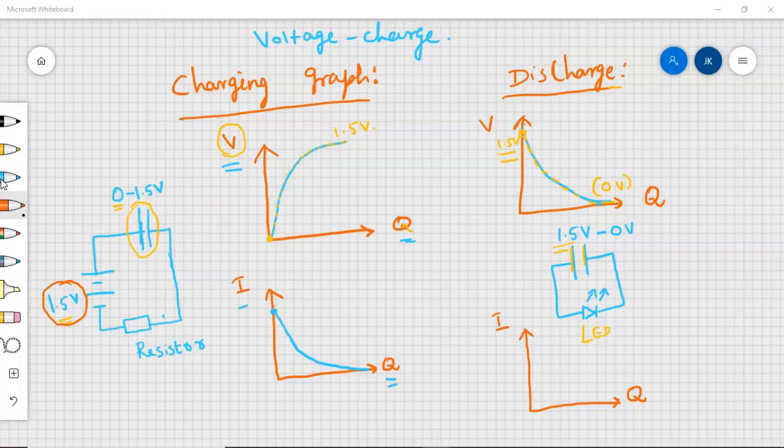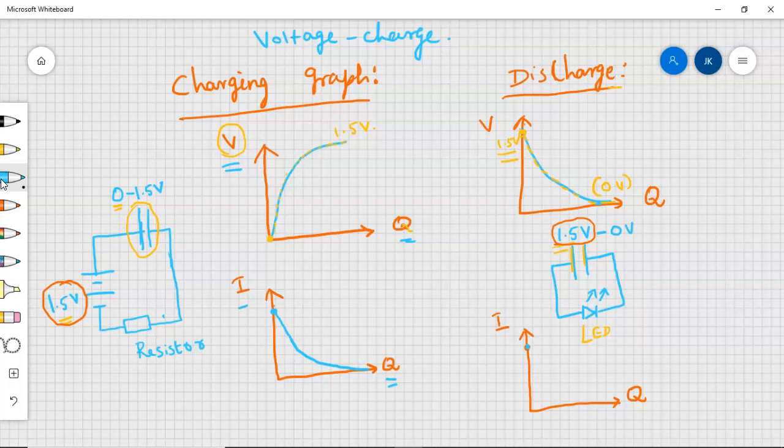During discharge, initially the capacitor has the higher voltage, so it can push the charge at a high rate. So initially the value of current is higher because it has the full voltage. The capacitor has full voltage of 1.5 volt, so the current value will be higher.